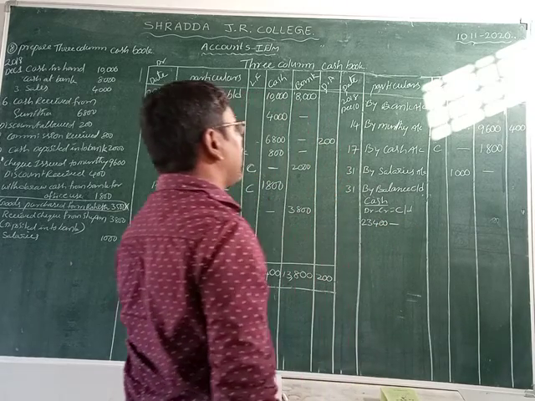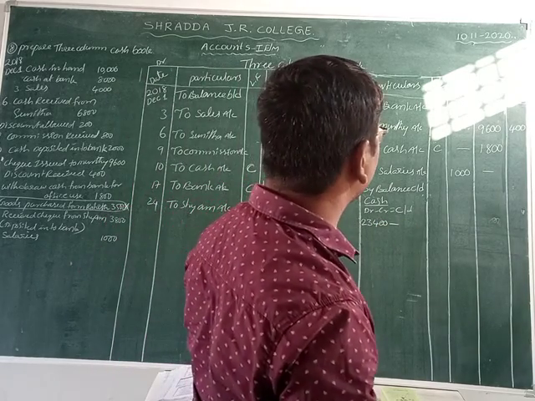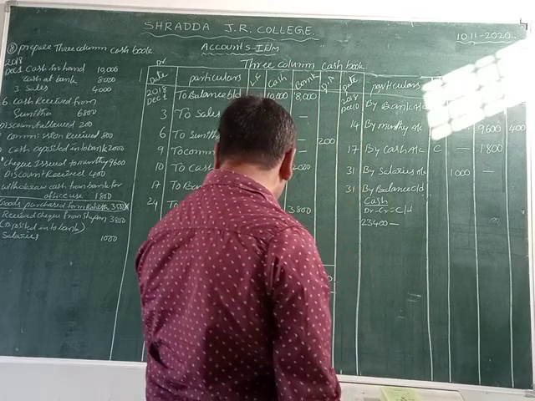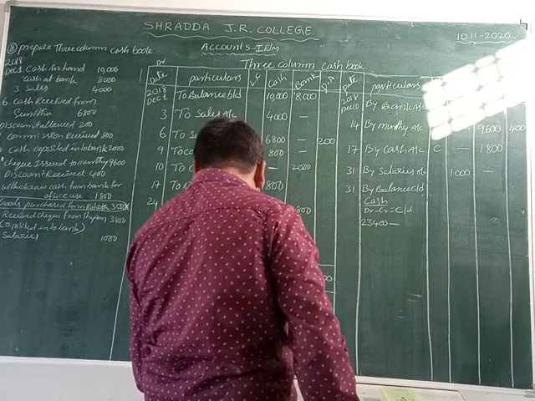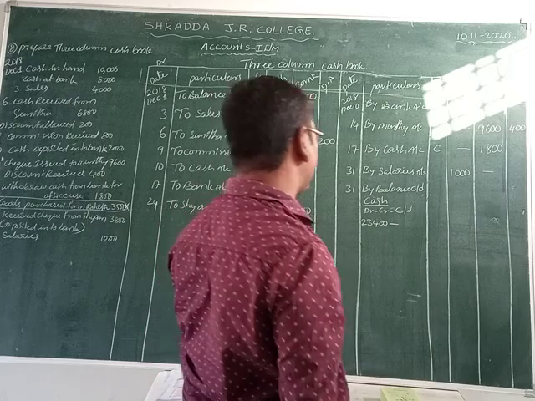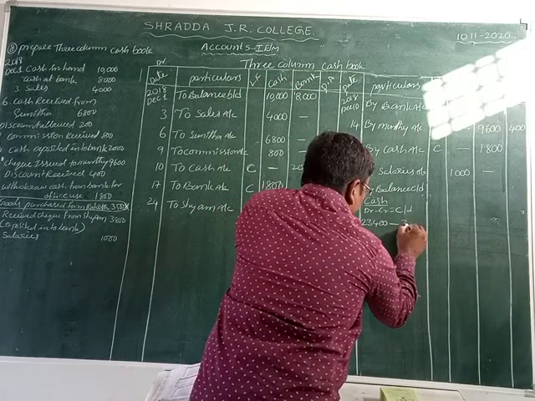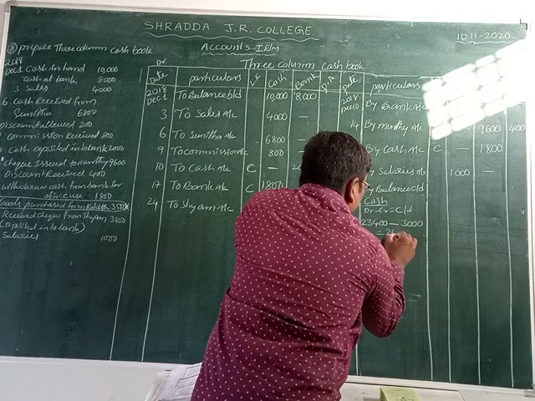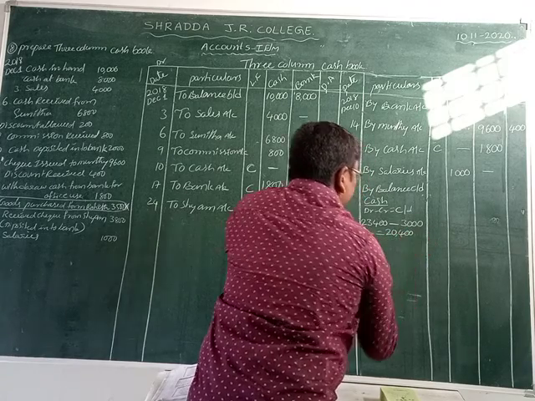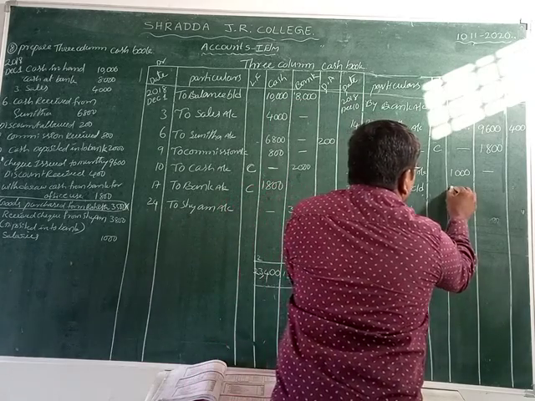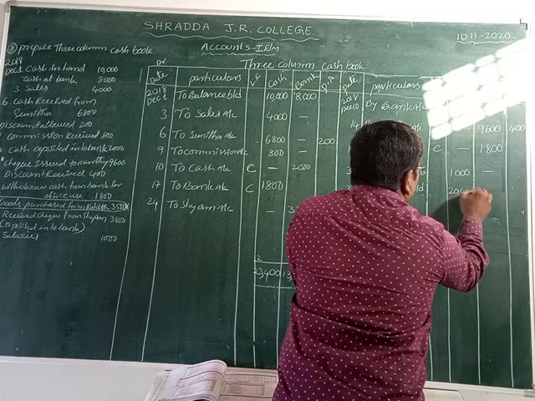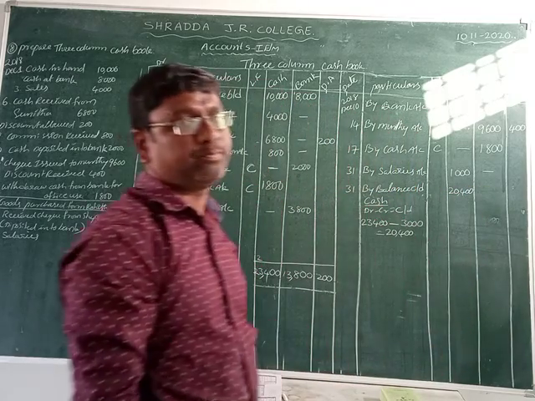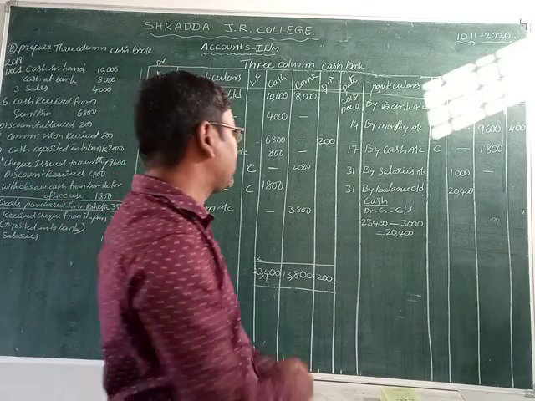Minus the credit balance of cash, 2,000 plus 1,000, is 3,000. Remaining is 20,400. Let us write down the balance carried down, 20,400 rupees. That is the cash balance.